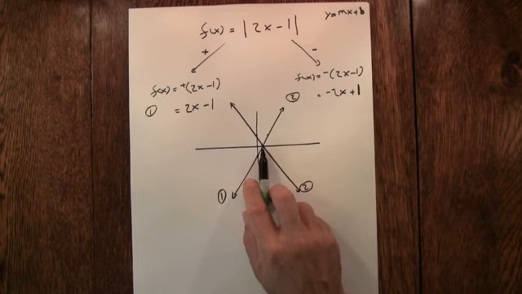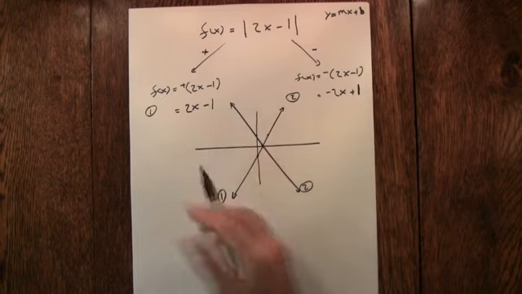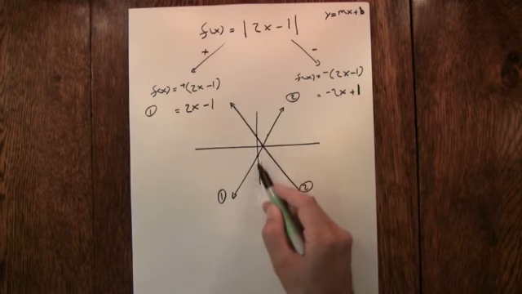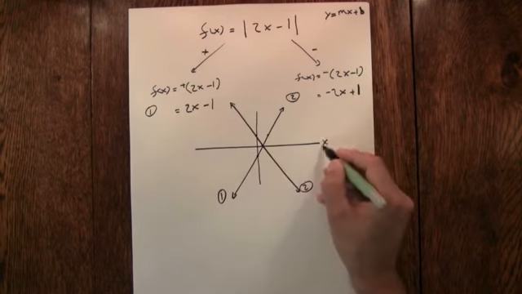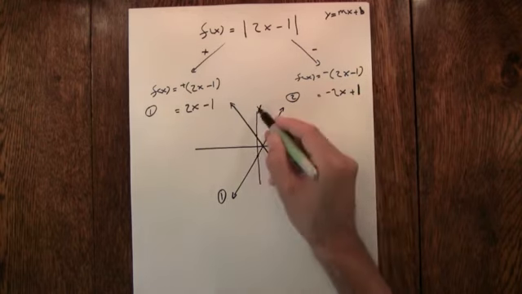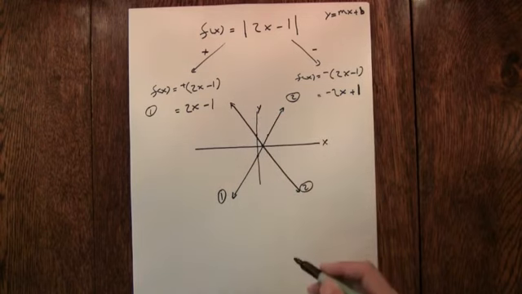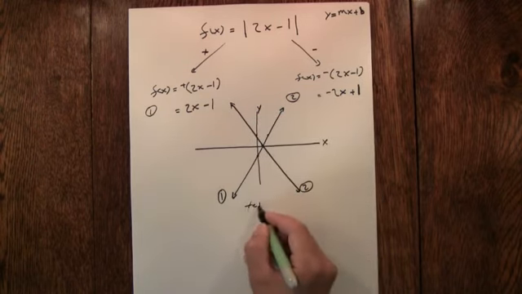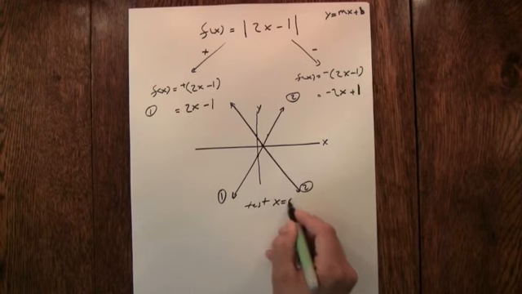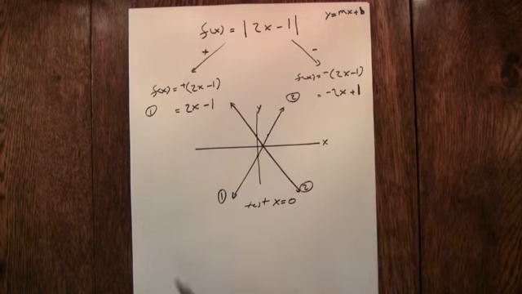Now, it's easy to figure out what it is if we pick a point on this side, because we know this is x equals 0, right? If this is the x-axis and that's the y-axis, the y-axis is x equals 0. So we're going to test x equals 0 in the original equation.